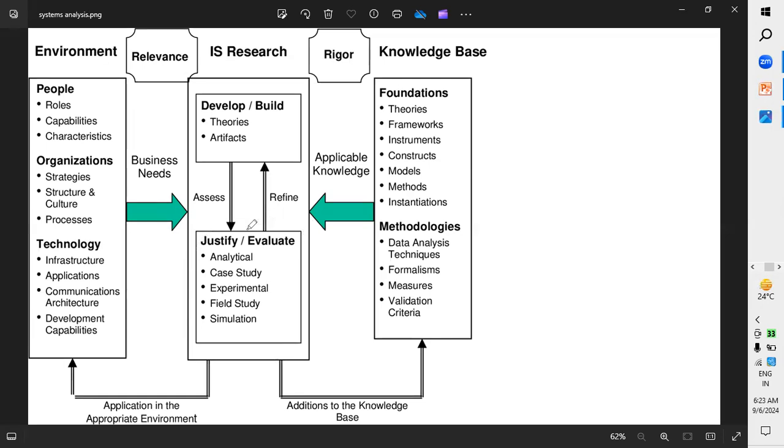Okay. So when it comes to the research part, we have to focus more on the development and building of the theories, right? So what kind of theory, or else I can consider it called frameworks. For example, when we are working on Java, we use different frameworks, like Struts, Spring framework, right? At the same time, when it comes to the artifacts, especially when we are following an agile environment, we are using the Scrum framework, right? When we are using the Scrum framework, there are different artifacts.